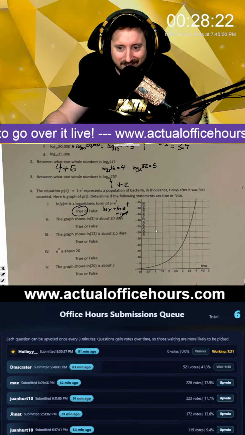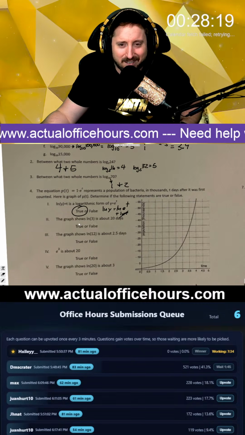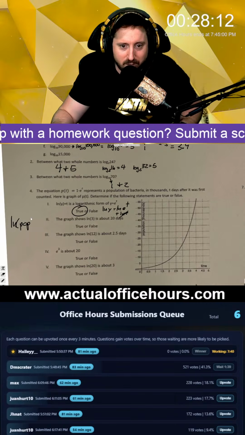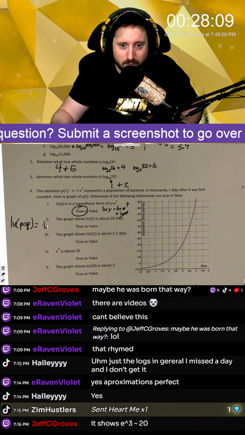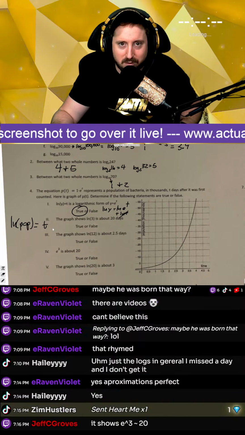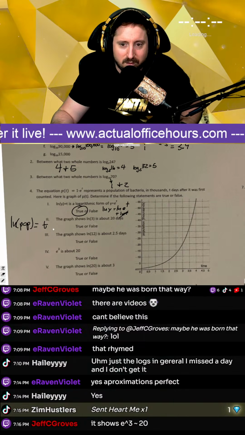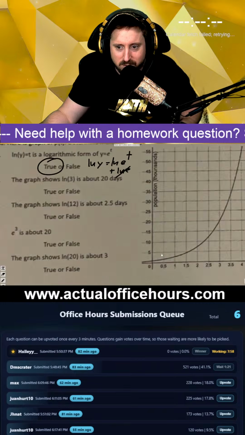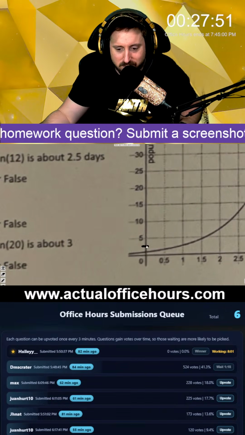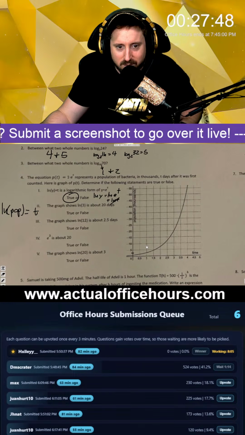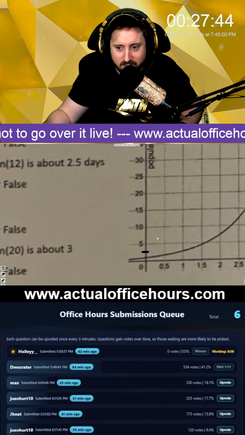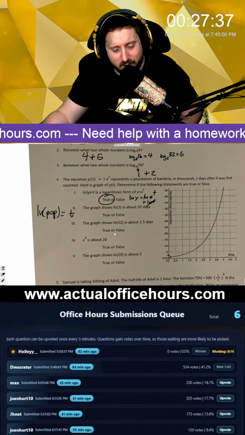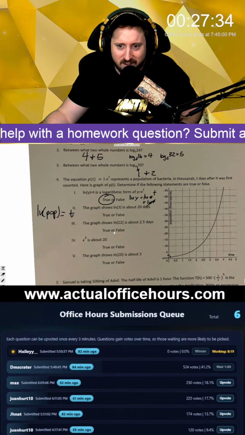Because if ln of y is equal to t, you have ln of population is equal to t. It shows e to the 3 is around 20. But on this graph here, where is 3? 3 is like down here. And then you have to ask yourself, well, what is t then? Well, t is super small. I guess it's like 0.05, which is 1/20th maybe? And 1/20th of 1,000 is 20 days? Or 50 days? I don't know, this is kind of weird.